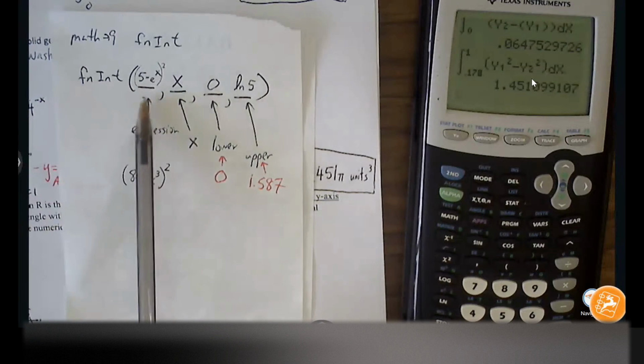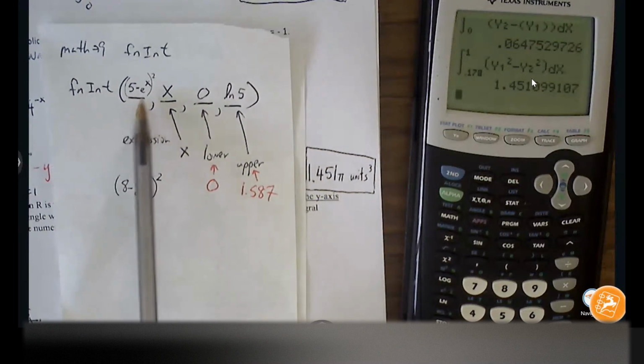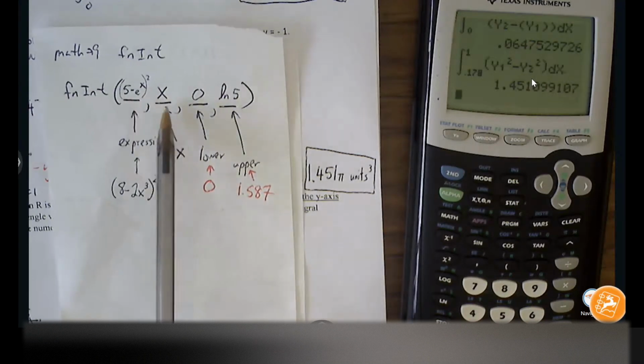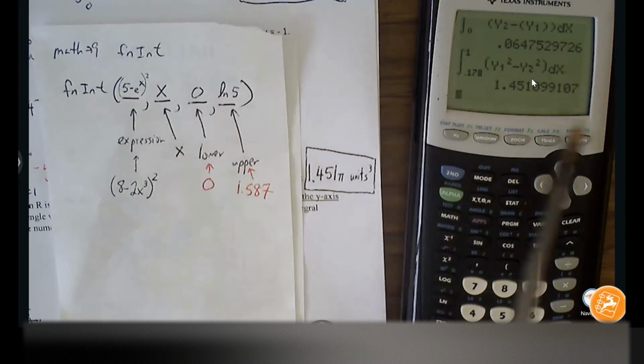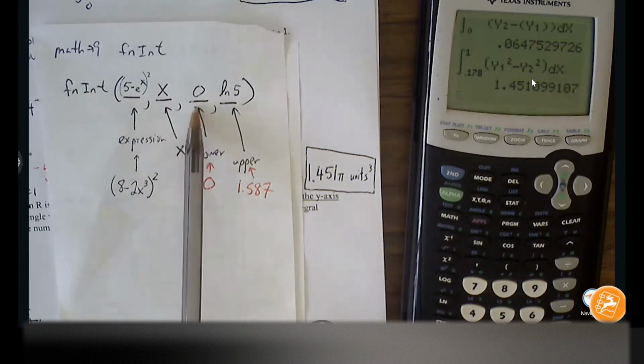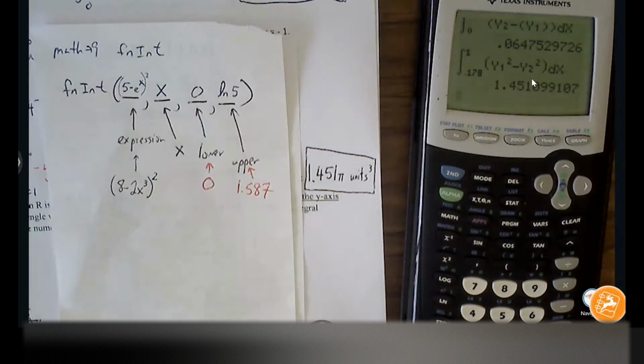You're going to put the expression that you want to evaluate, then a comma, then x, that's kind of like your dx, followed by your lower bound, followed by your upper bound. So try that. See if you're able to get the same answer.